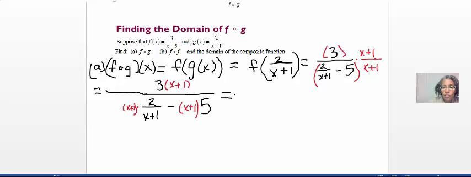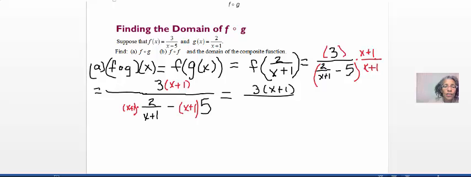So to multiply the numerator by x plus 1 means 3 times x plus 1. To multiply the denominator by x plus 1 means to multiply every term of the denominator by x plus 1. And that's what I'm showing here. So the numerator, for the moment, I'm going to leave as 3 times the quantity x plus 1.